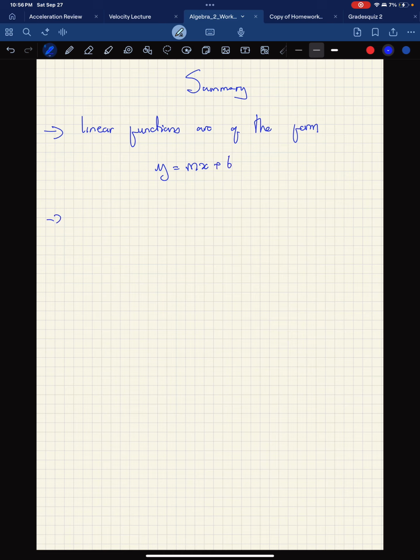And by the way, just for clarification, linear functions are lines. All right, they are lines on the graph. All right, if we have a Cartesian plane, they are lines. And the good thing about lines is that the math is easy. All right, or at least it's easier than when it's not a line.